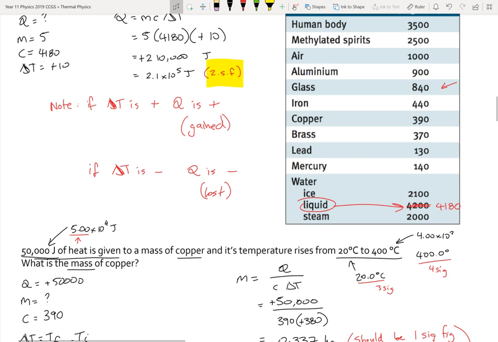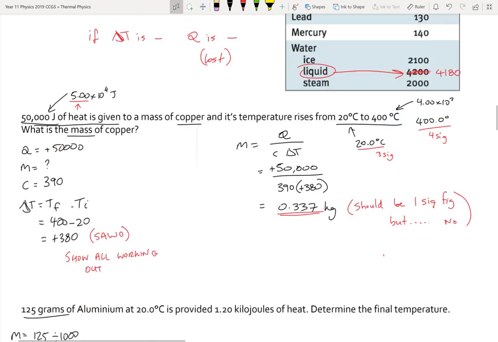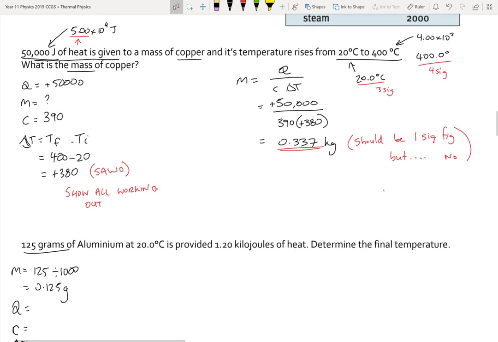Okay, so this number in your data sheet will be given to 3 sig fig. How do we get around that? We use scientific notation. So 2.00 times 10 to the 3. Okay. So again, don't be cocky, but I agree that really I should have given you these values all to 3 sig figs.